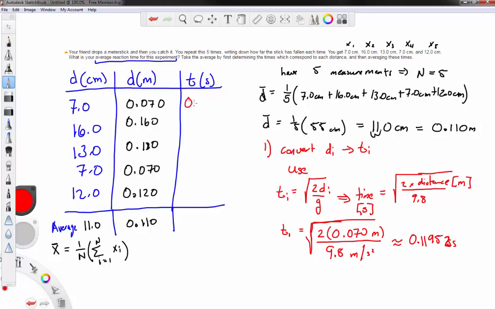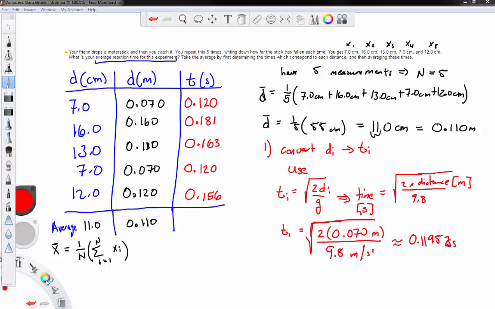So I'll keep that to maybe 3 significant figures, 0.120. Okay, so now I'm going to go ahead and get these other 4 without showing all the steps here, because I just showed the steps and I'm just doing the same thing over and over again. So to make it a little faster for myself and for you who are watching, I'm going to do that now. Okay, so here are the individual reaction times.